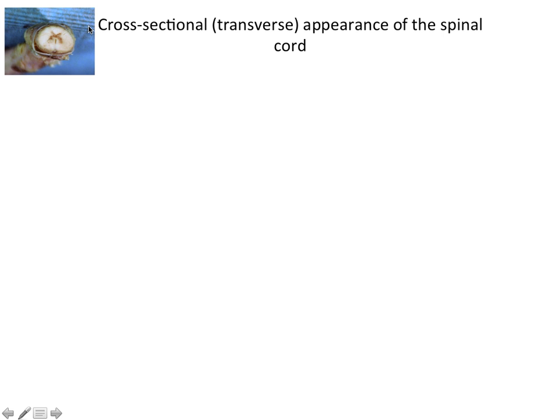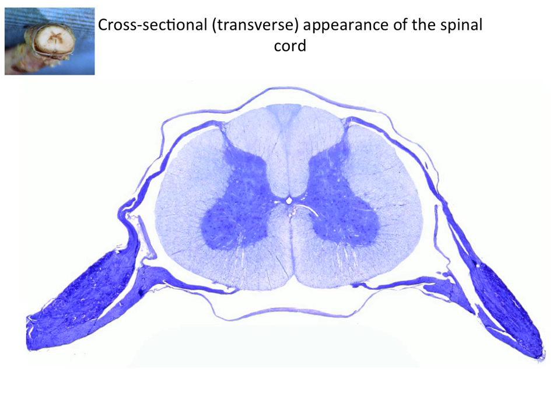So in the next image I'm going to show you, what we've basically done is taken a very thin histological section of that. Now, please don't get confused here, because even though this internal area here is blue, this is actually representing the grey matter that you can see up here at the top left.